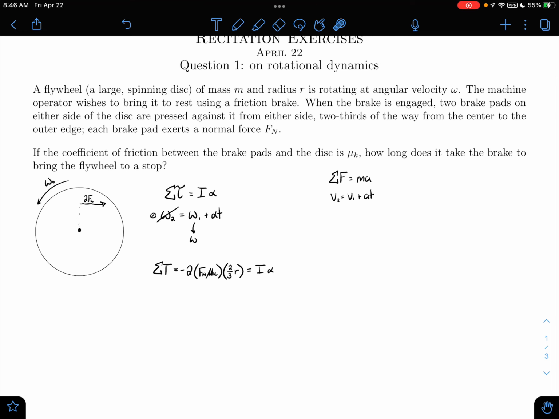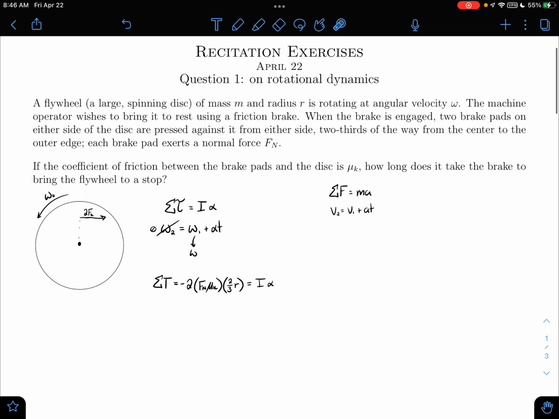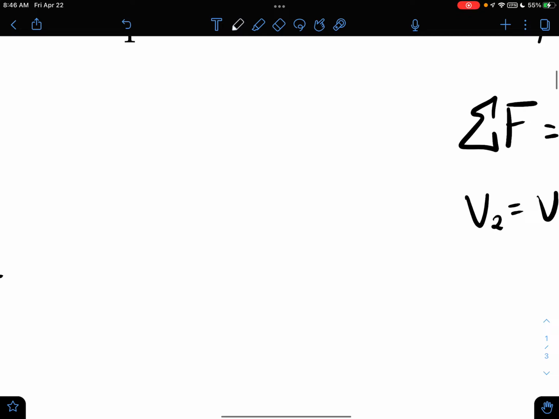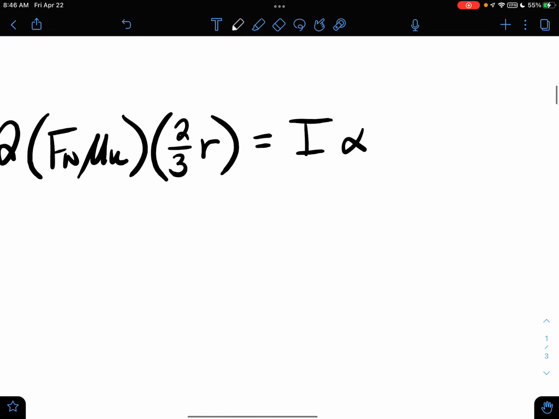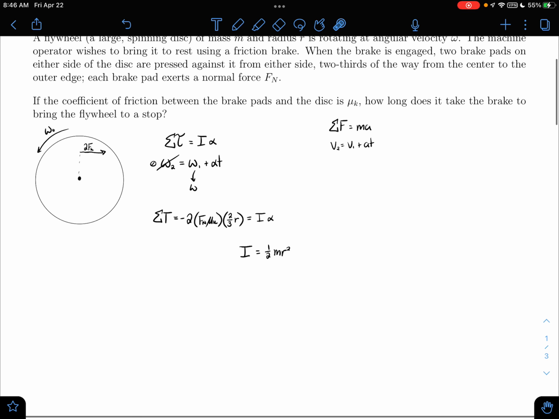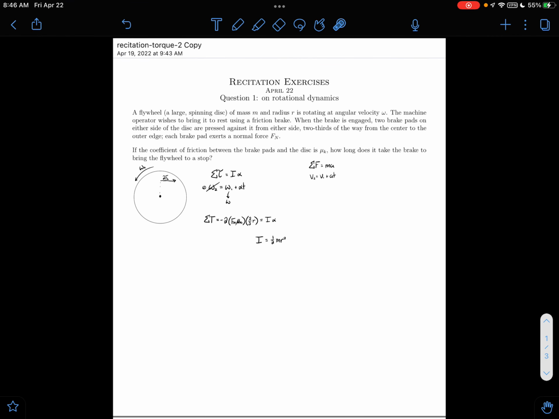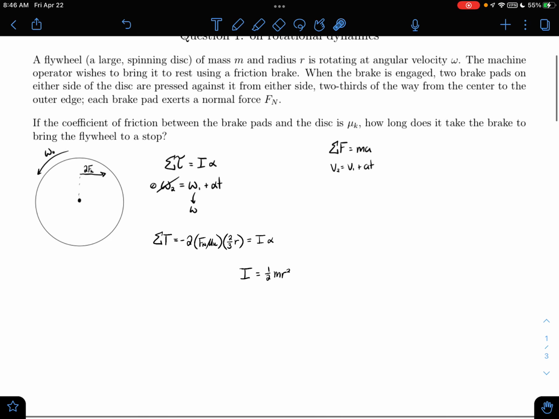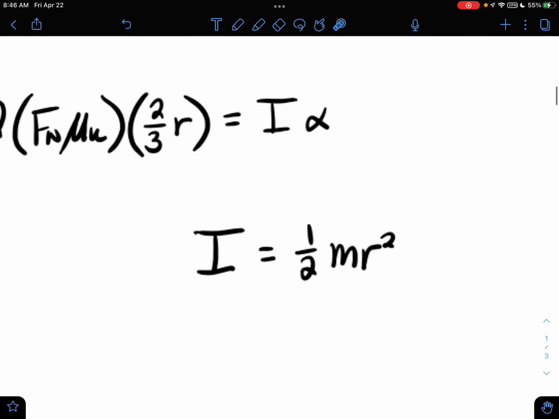For a flywheel, we get that I equals 1/2 mr squared, the same way we would for a solid disc shape, which is what a flywheel is. Large spinning disc. So m and r are both variables that we were told.